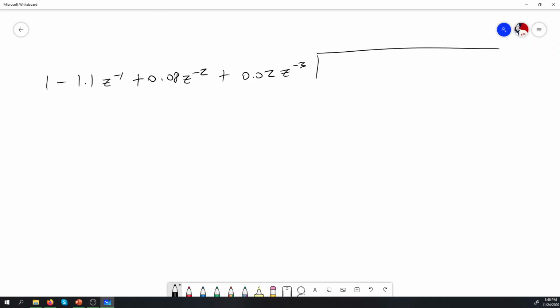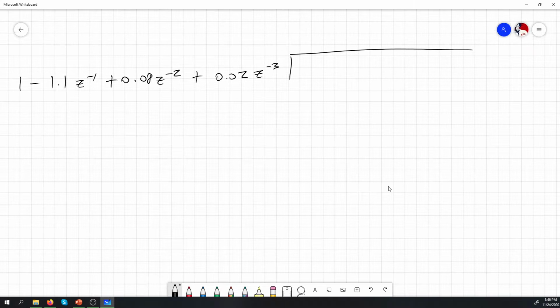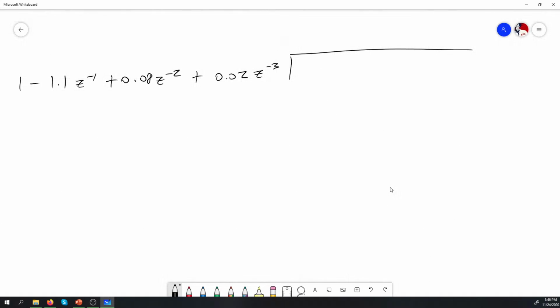So we'll have 1 minus 1.1 z to the minus 1 plus 0.08 z to the minus 2 plus 0.02 z to the minus 3, and the numerator being 1.4 minus 0.6 z to the minus 1 plus 0.2 z to the minus 2.